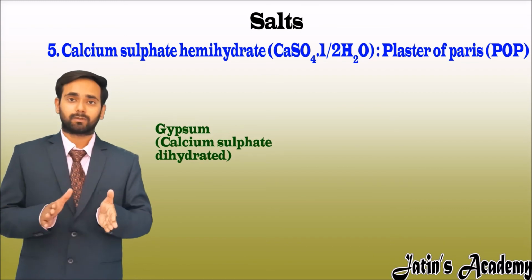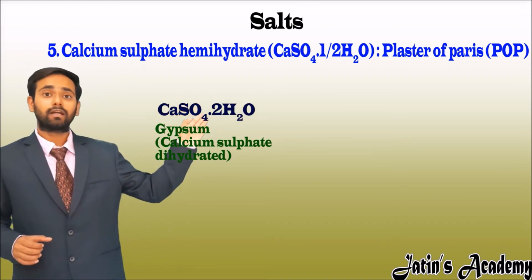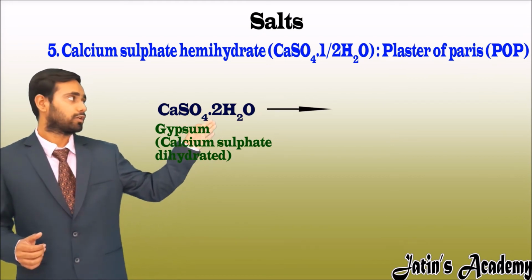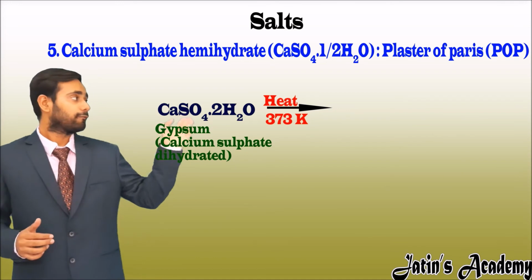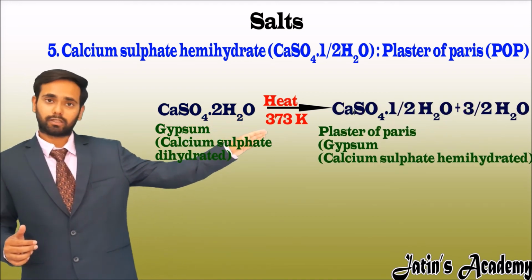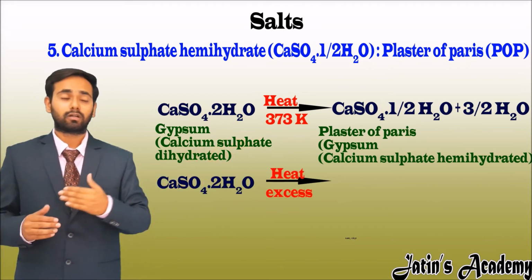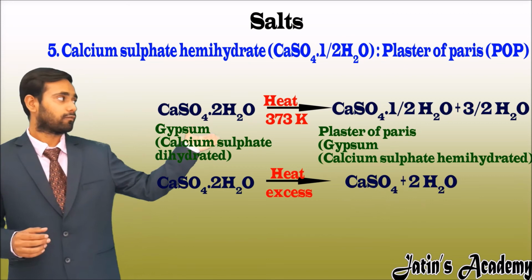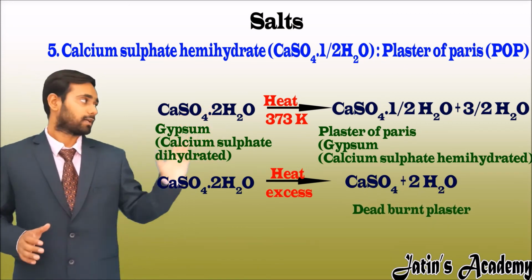We have gypsum rock, calcium sulfate dihydrate, meaning 2 molecules of water. When we heat this gypsum rock, we get POP and 3/2 molecules of water. If we heat this gypsum rock too much, then all the water evaporates and we get dead burnt plaster.